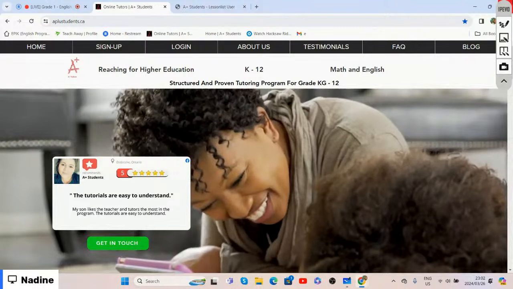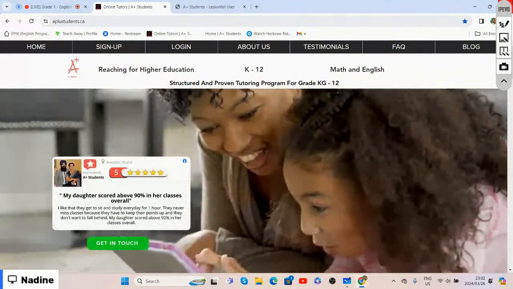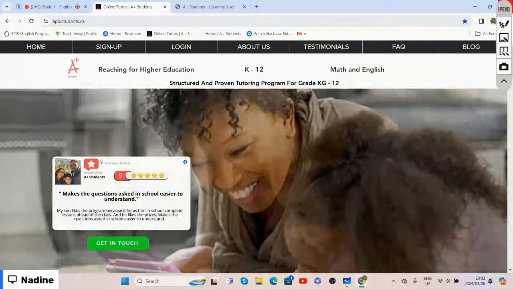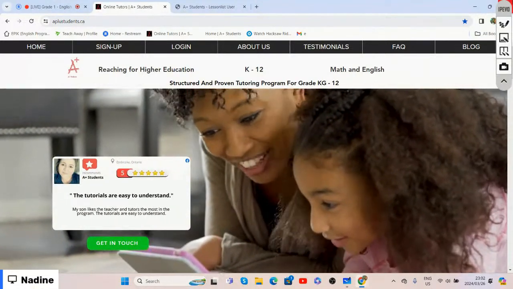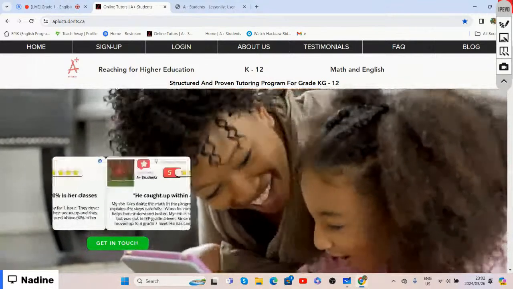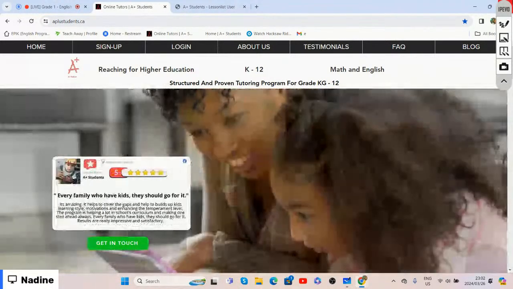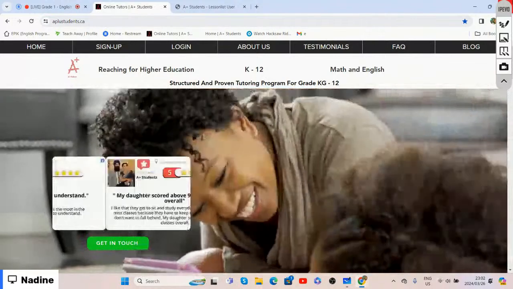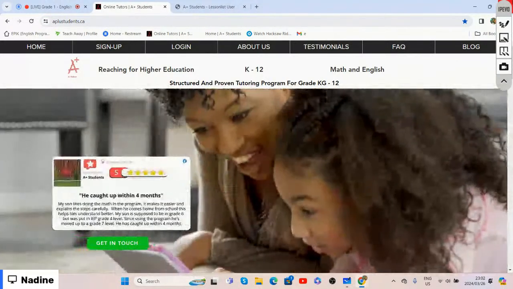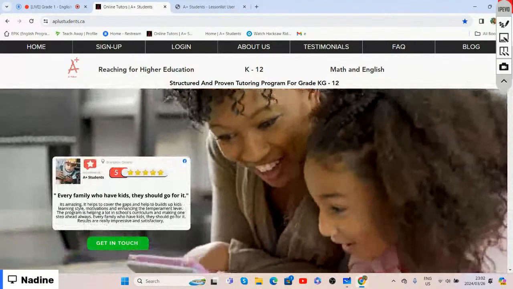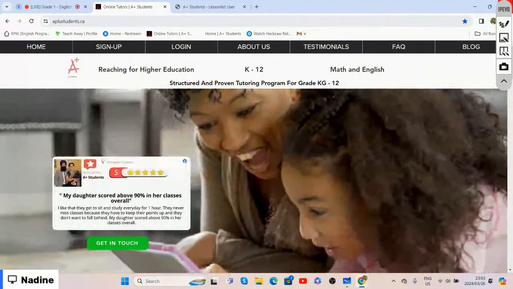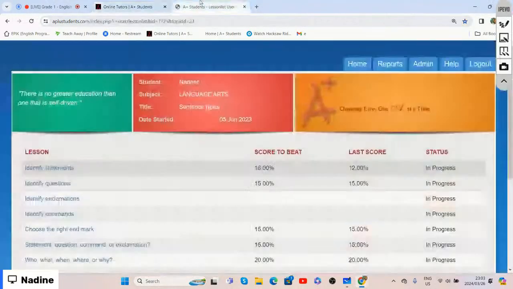Before we start, we're going to log on to aplusstudents.ca with our username as well as our password, and then we're going to select the subject of language arts, which is English, Grade 1, and then scroll down until we get to the chapter of sentence types.